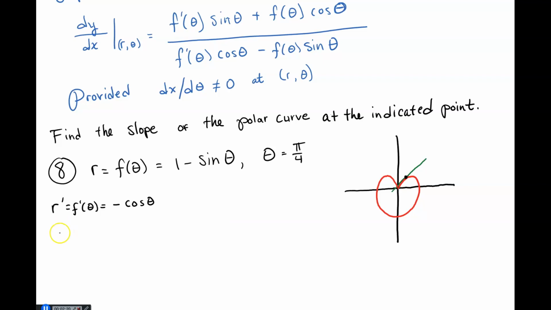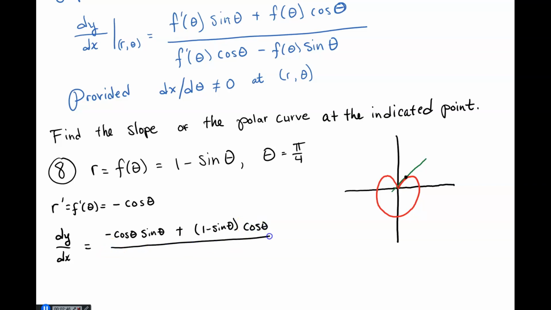So we're going to say dy/dx is going to be f prime of theta, which is negative the cosine of theta, multiplied by the sine of theta, plus f of theta, which was just 1 minus the sine of theta, and then the cosine of theta multiplied by the cosine of theta.